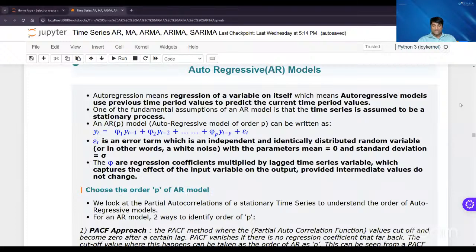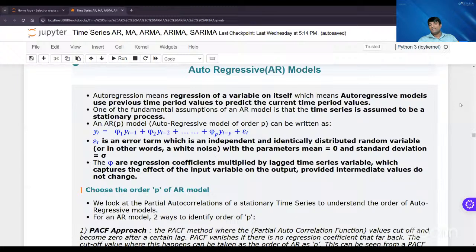Okay, fine. So let me talk about the auto-regressive model. What is this auto-regressive model first of all, and why does it exist? Let us try to understand that. To keep it very simple: why are we using the word auto? There is a meaning for it.